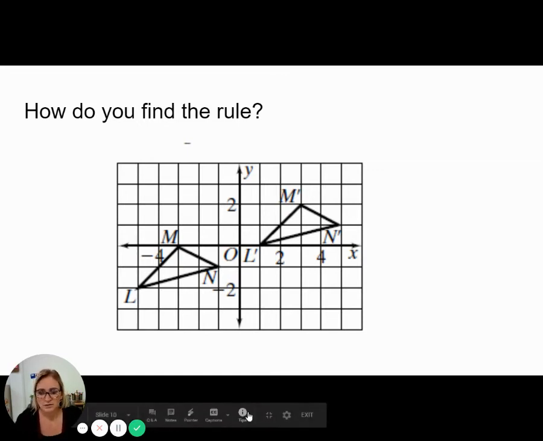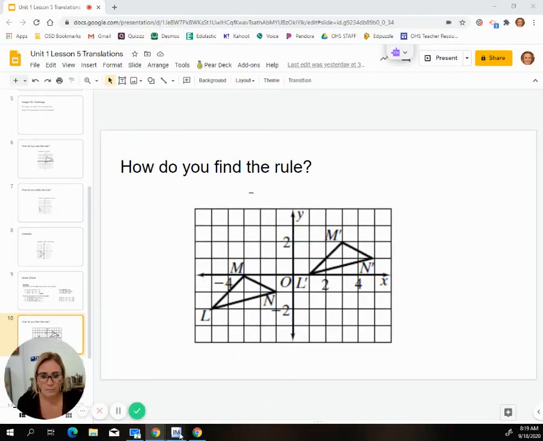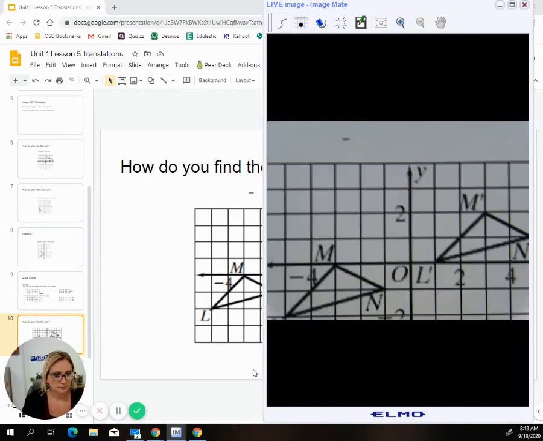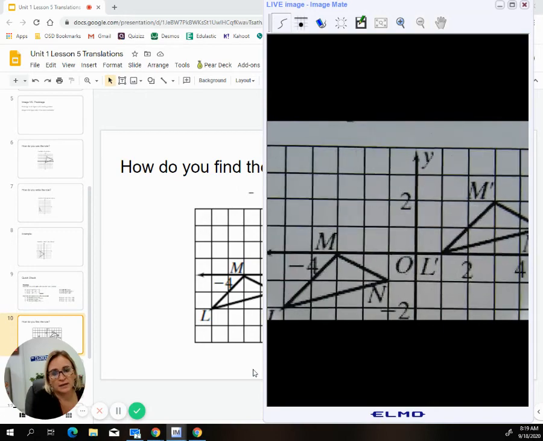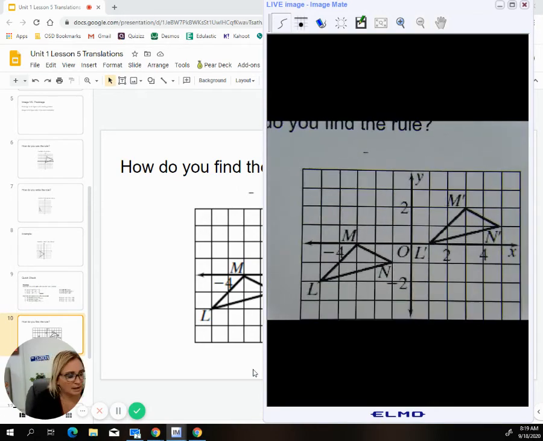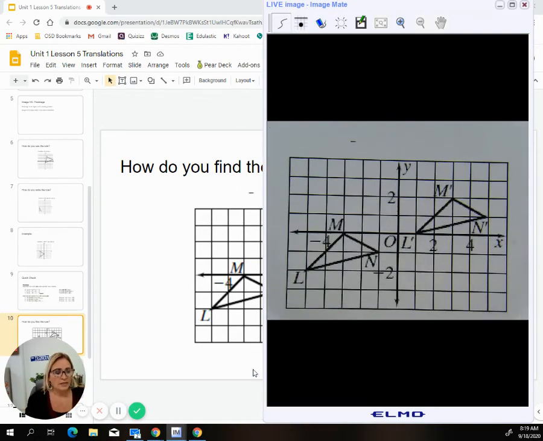Okay, so let me pull up my other screen, and we are going to be looking at this one right here. Okay, so if you find the rule for one point, you're going to find it for all of them. It doesn't do something different for each point. So you really just need to focus on one point.